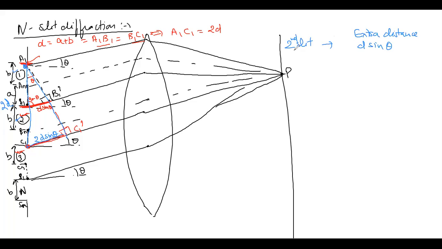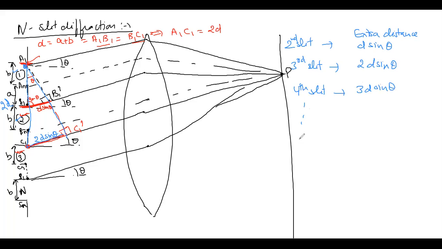If you go to the next slit, for example the third slit, we have done that: for the third slit, the distance is 2d sine theta. You can keep on doing that. For the fourth slit, you can figure out a pattern from here itself. For the second slit it's 1d, for third it's 2d, for the fourth slit it's going to be 3d sine theta.